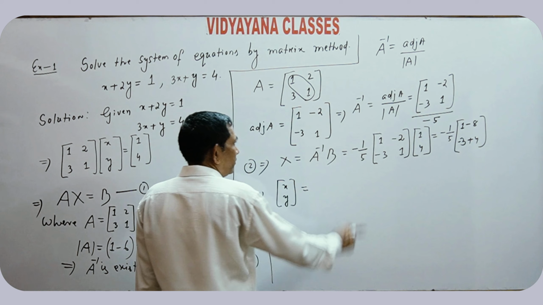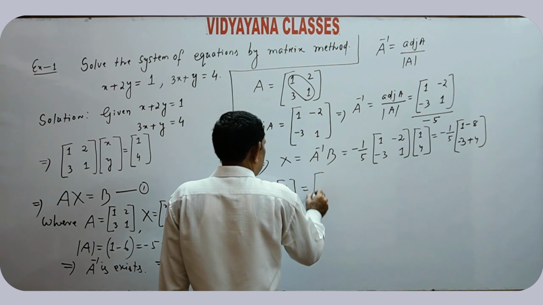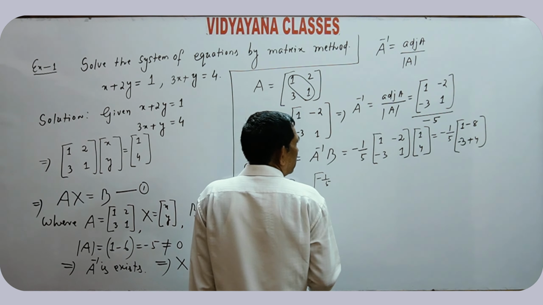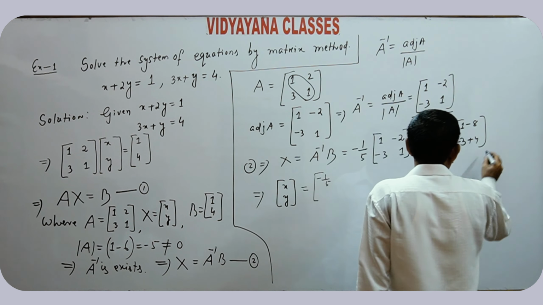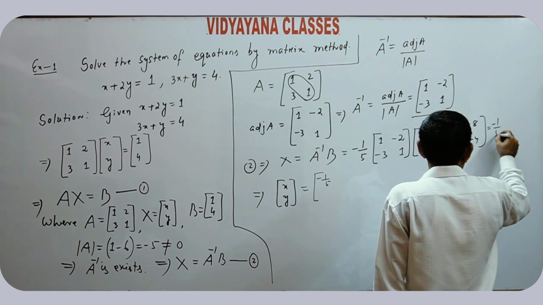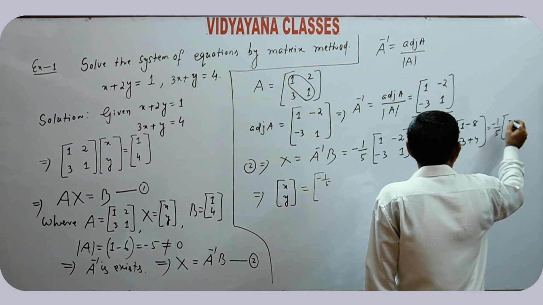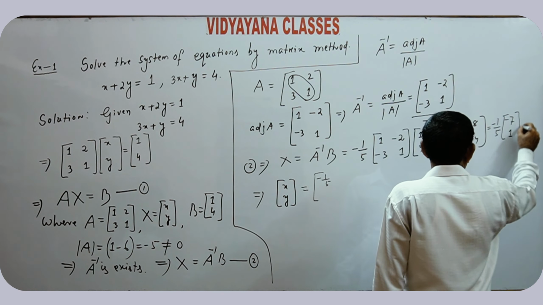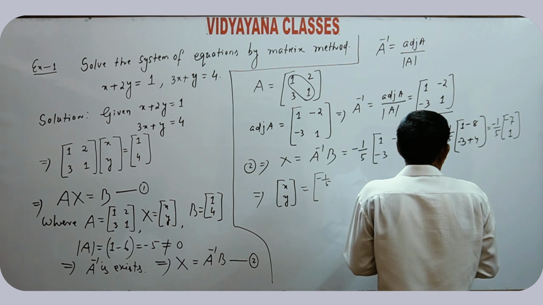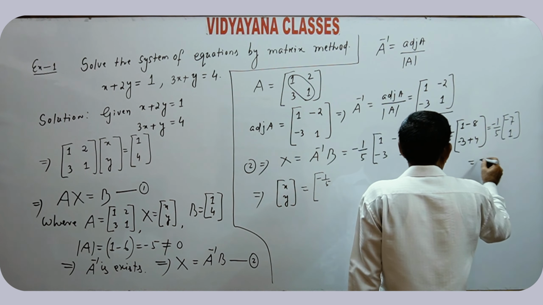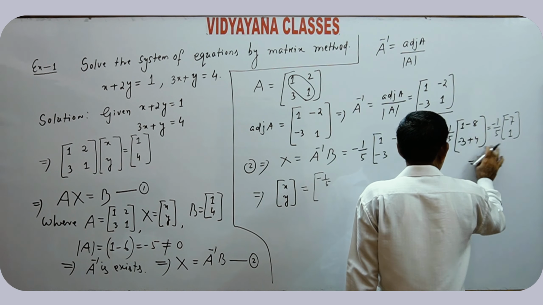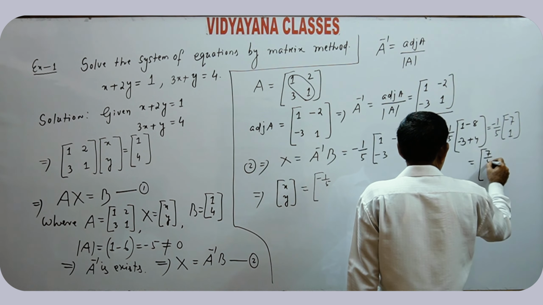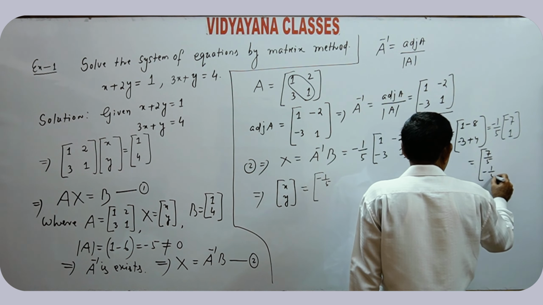The right hand side is minus 1 by 5 times the matrix having elements minus 7 and 1, which is equal to 7 by 5 and minus 1 by 5.